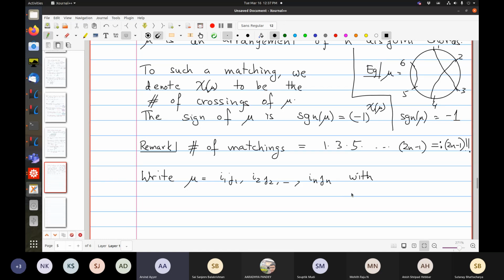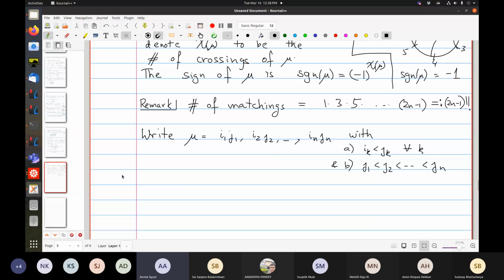One is A, ik is less than jk for all k, so the smaller number is first, and B, j1 is less than j2 is less than up to jn. Okay. So for the above example, mu is what?